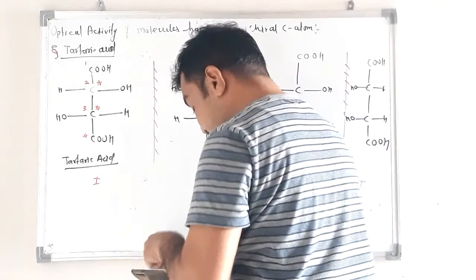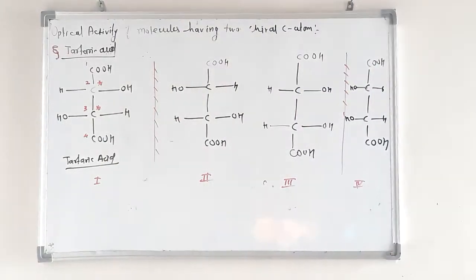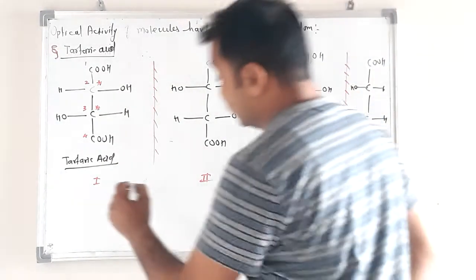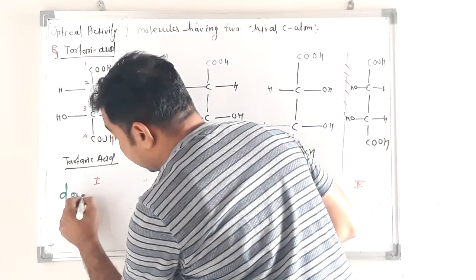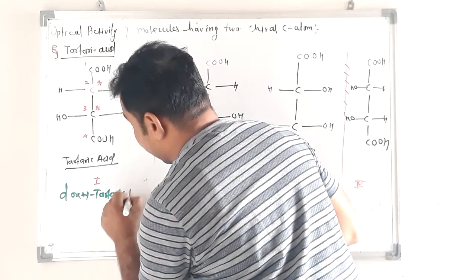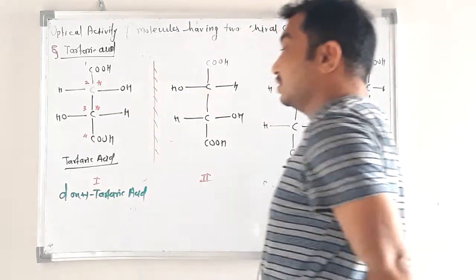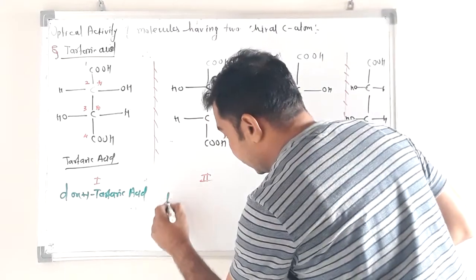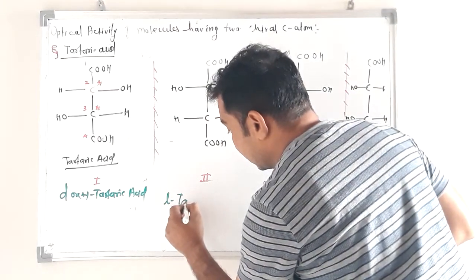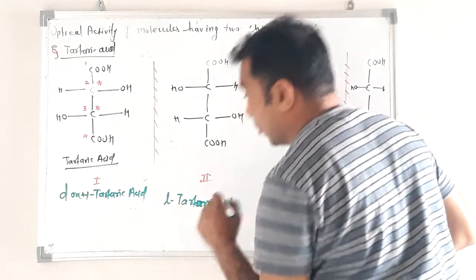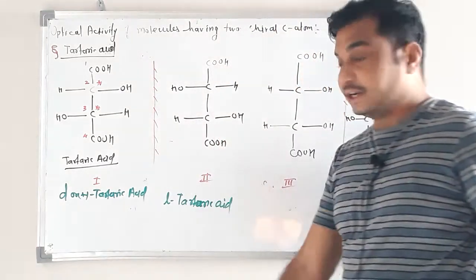That's why it is small d, or plus, tartaric acid. Because there is rotation toward the right side here, and toward the left side in the other, therefore it is small l tartaric acid. Okay, right side, left side.